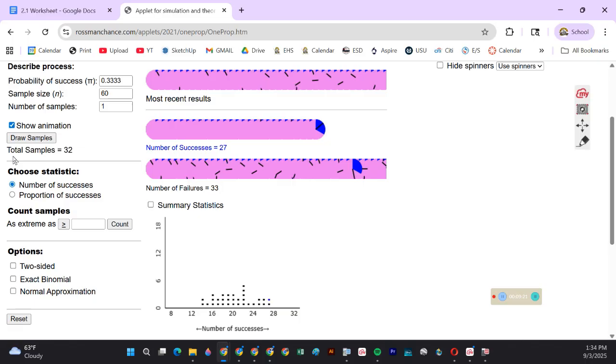So the number of rock, paper, scissors wins in a 60 game round. So each dot is the number of wins in rock, paper, scissors in a round of 60 games.